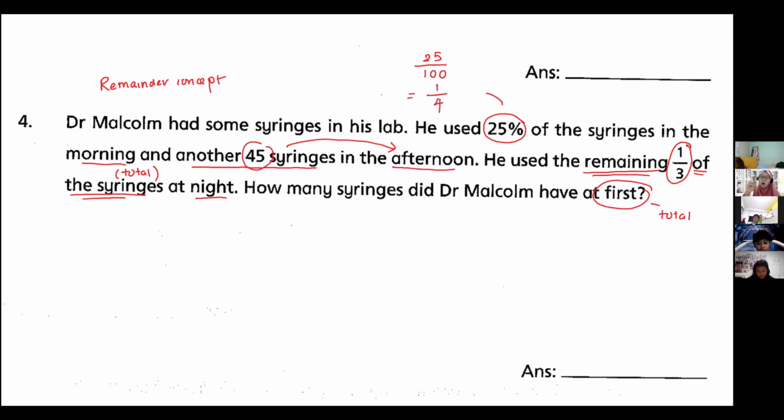Okay, so you all know that 1/4 is a fraction in its simplest form. And when it is a fraction in its simplest form, it is already in its units form. So you put the units there. Which means the total right now is 4 units. This is my total. And my 1 unit is what I use in the morning.